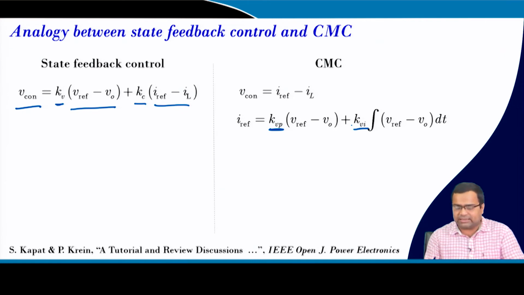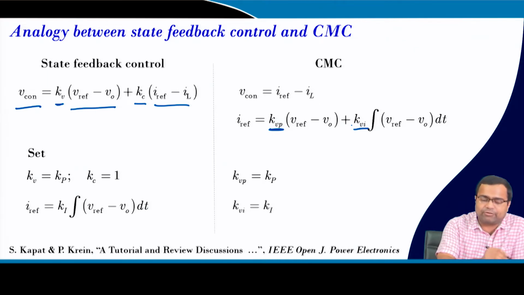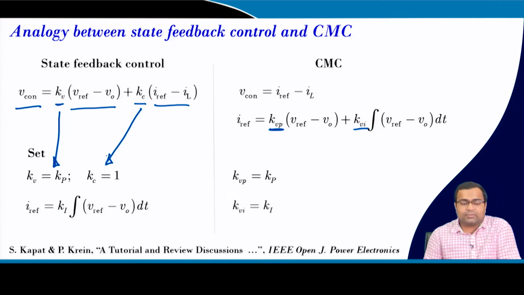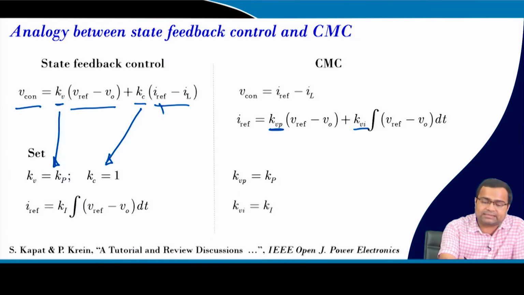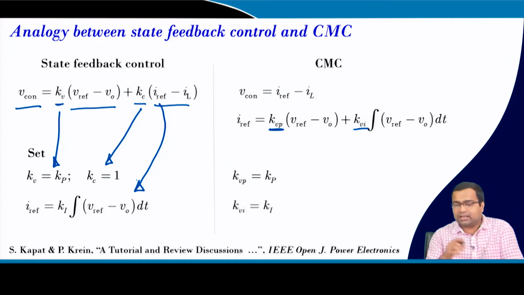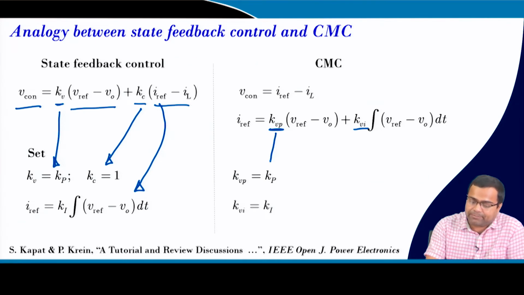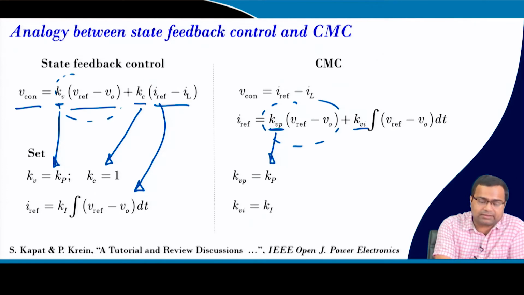And we have shown in this paper, if we set the kV, that means the voltage controller gain, to proportional gain here, and the current controller gain we set to 1, and then IREF in this case we set to the integral of this controller, then if we take the right side, if we consider this kVp to be the proportional gain, this term and this term match exactly.